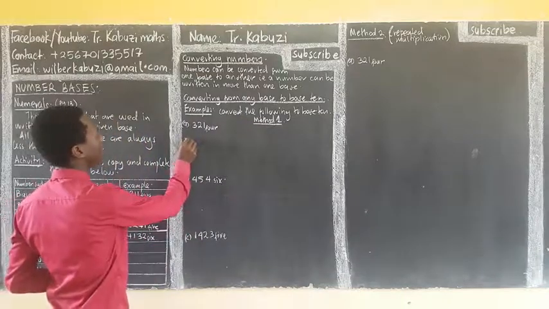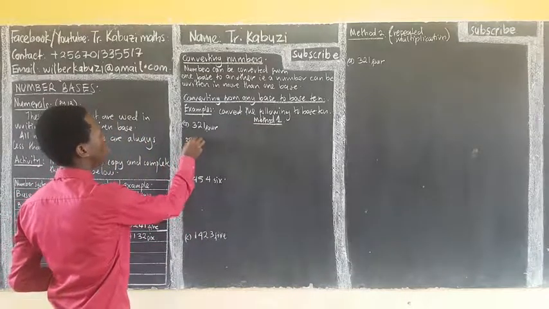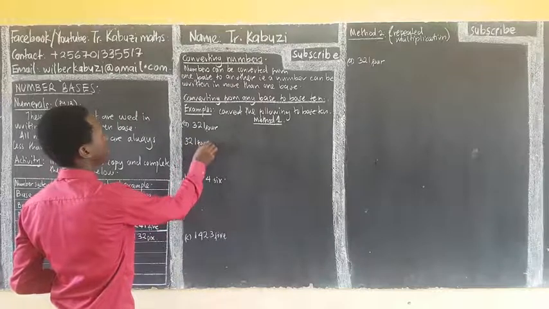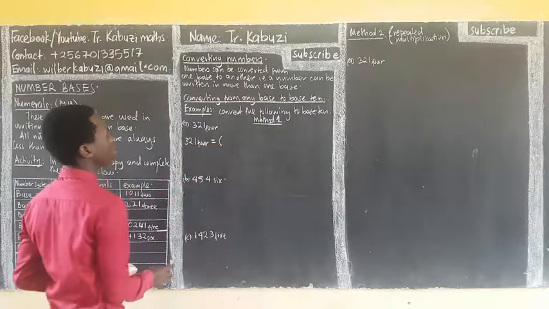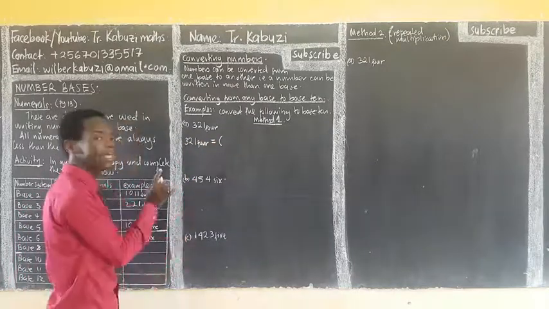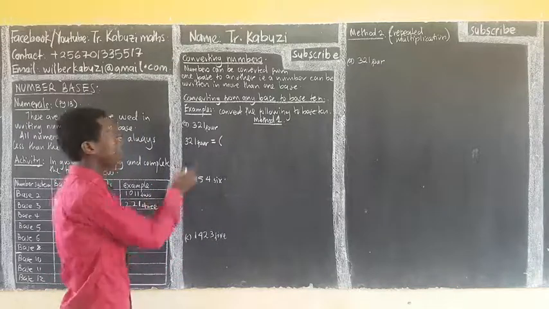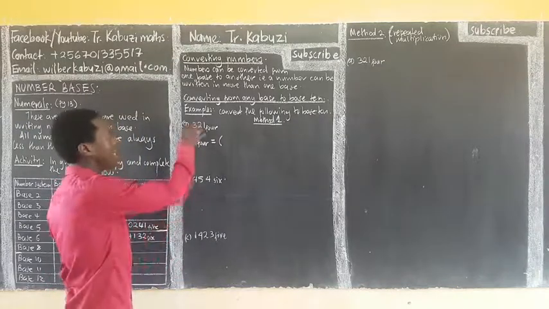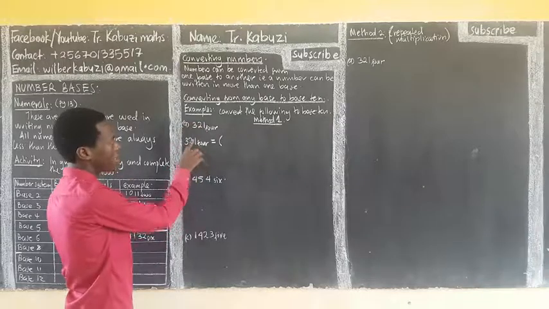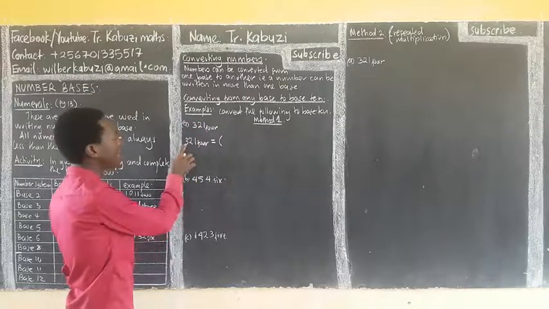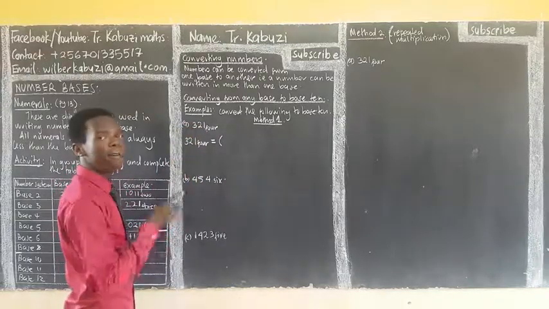So I have 3, 2, 1, 4. So it's in base 4. Because this is in base 4, we say the first digit is always in 1s. The second is in 4s. Then the third digit is in 4 fours.